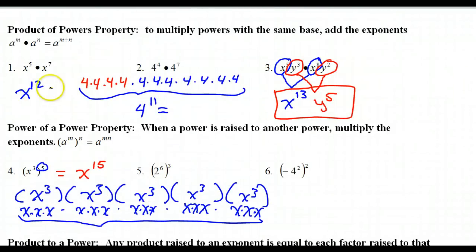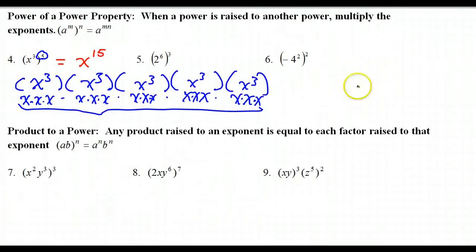At the end of the day, you're counting up how many of these things you really have. So I have x times x times x, but if I add them all up, it's going to be 15. I have 5 groups of 3. That's 15. So that is really how I know it is the 15th power.